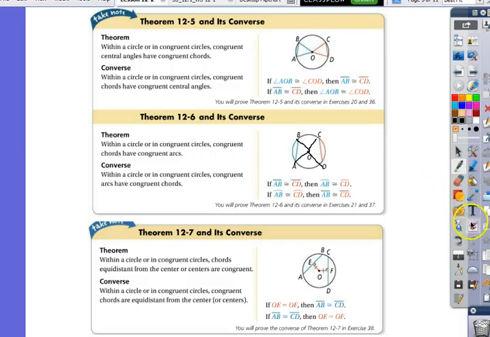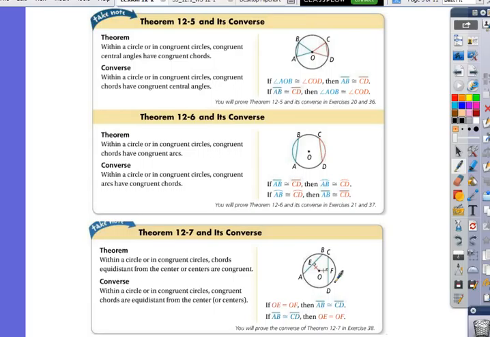Pretty neat, huh? And then finally, and here's the tricky one, any chords that are equidistant from the center. What does equidistant mean? Congruent distances. And how is a distance measured? I mean, you're talking about units, but I'm talking about what line measures a point to a line?